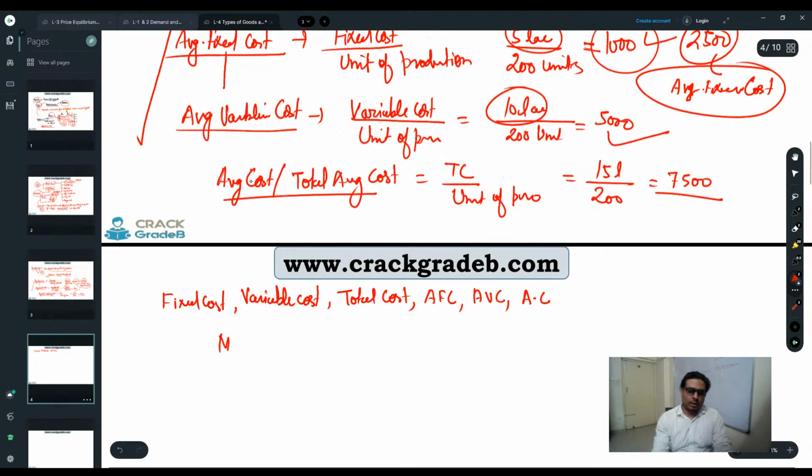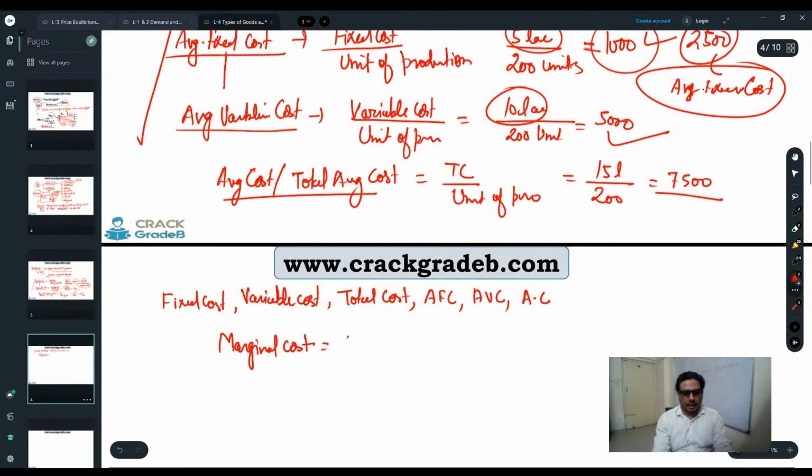Now the most important one, the reason why I want to explain this entire concept is because I want to make sure you have an idea of marginal cost.